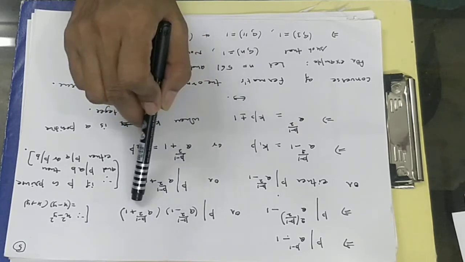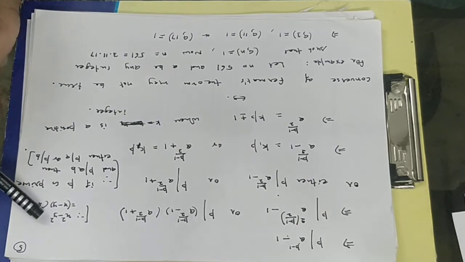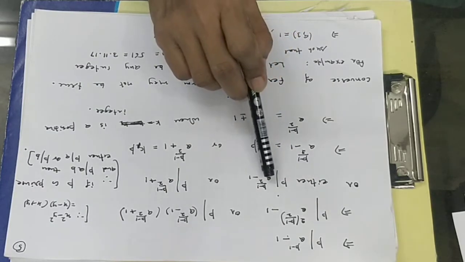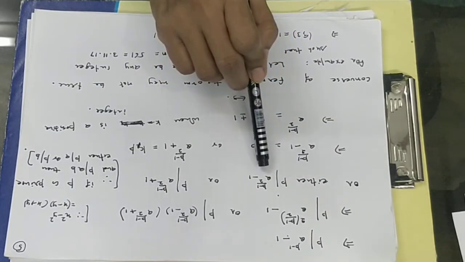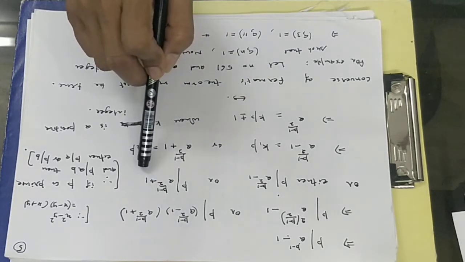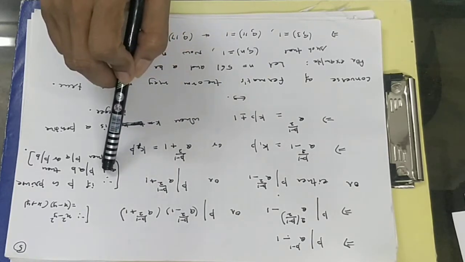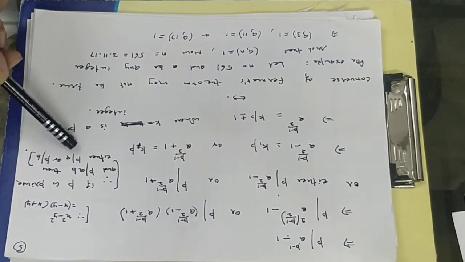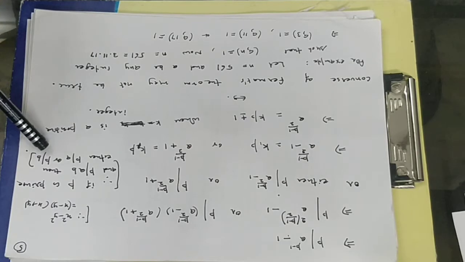This is by using the formula that x square minus y square is equal to (x minus y) into (x plus y). So either p divides a to the power (p minus 1) over 2 minus 1, or p divides a to the power (p minus 1) over 2 plus 1, because we know that if p is prime and p divides ab, then either p divides a or p divides b.